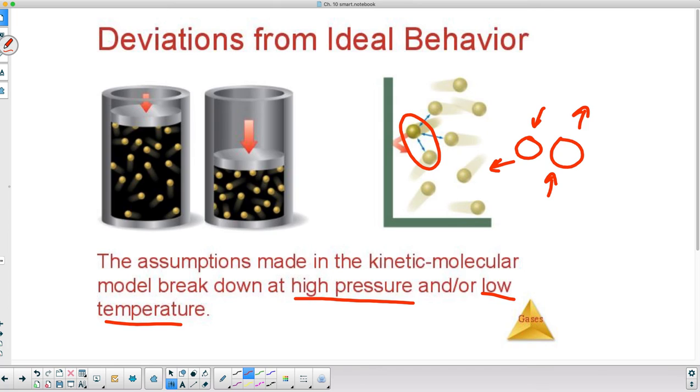So that may happen for a real gas, and that behavior only comes out when we have extremely low temperatures or extremely high pressures, because high pressures means we're forcing enough of the molecules close to each other, enough of them are around each other where the actual intermolecular attractions and repulsions outstrip, or the forces are greater than the kinetic motion of the gases otherwise. So that's the difference between real gases and ideal gases.